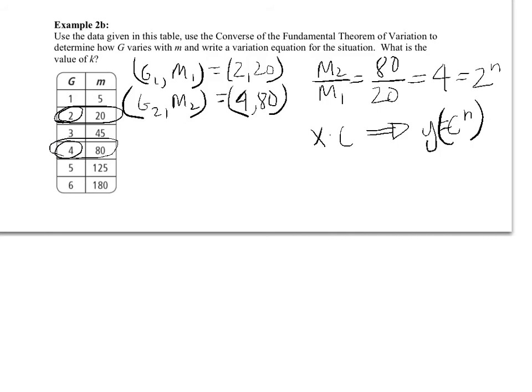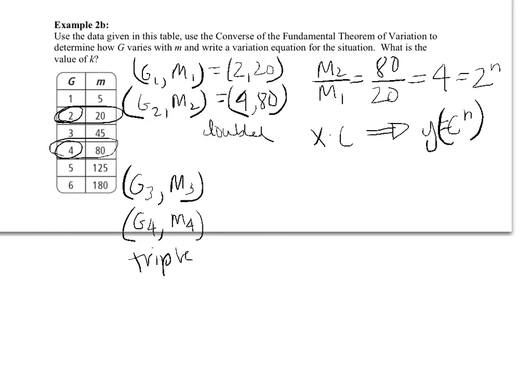Okay, let's test it with some other points. So let's do G3 and M3 and G4 and M4. And this time we want to do, before we doubled it. Now this time we want to triple, just like the last problem. So if we pick 2 and 20 again, those same 2 points, we want our G4 to be triple that. So 3 times 2 is 6. So we're going to pick for G4 and M4 6 and 180.